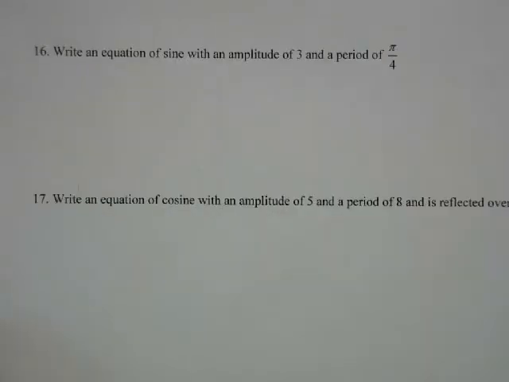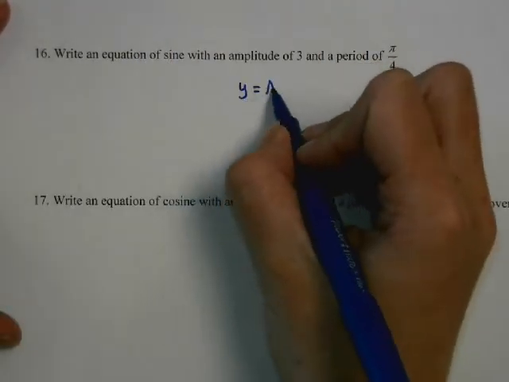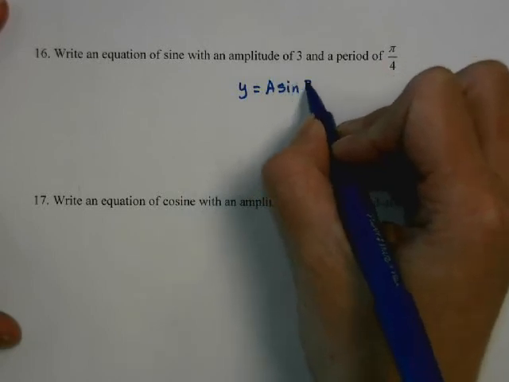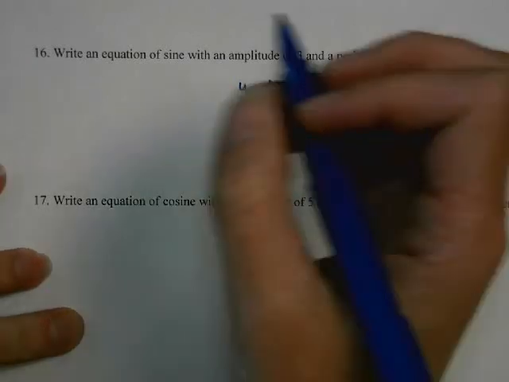All right, our last two examples are writing the equation. So we're going to write an equation of sine with an amplitude of 3 and a period of pi over 4. So in our general equation, y equals a sine bx, we need to find the a and the b. A is just going to be 3.